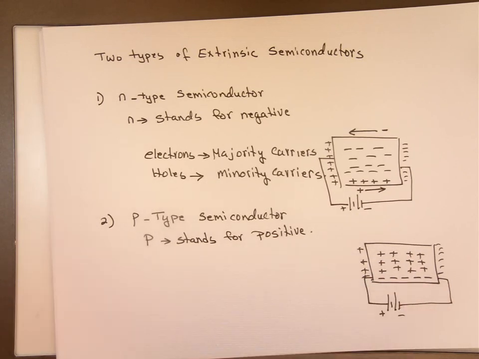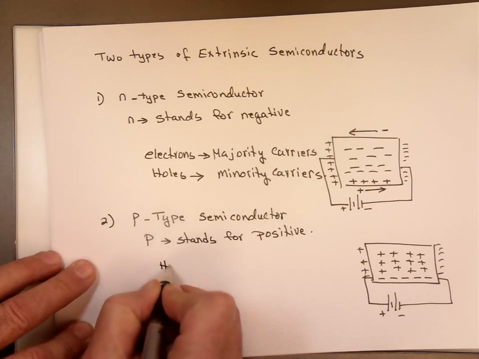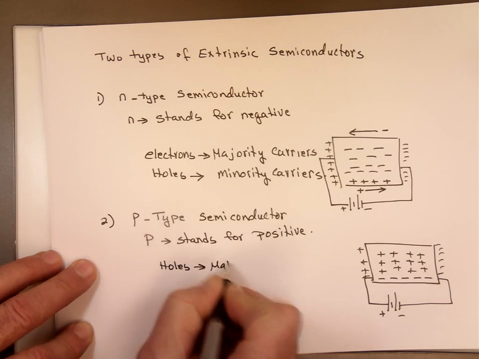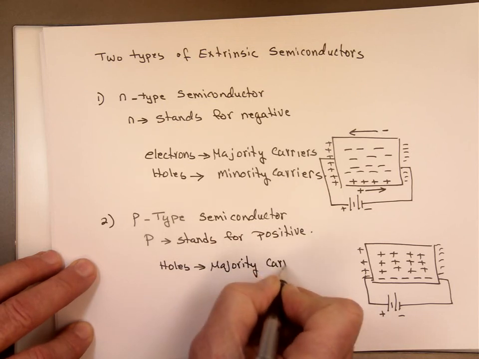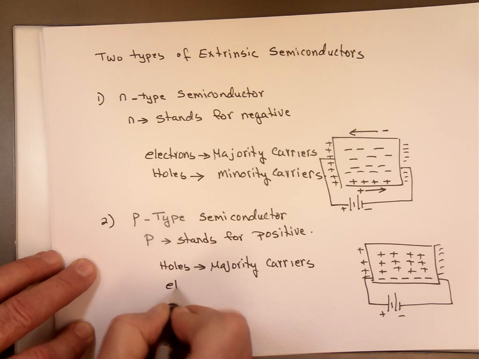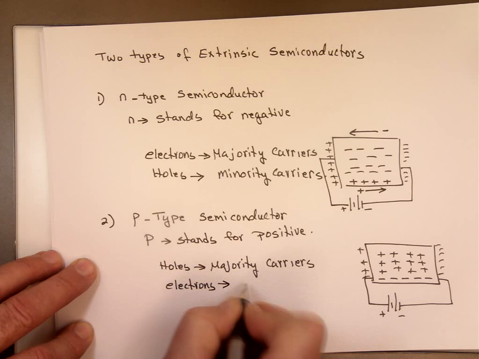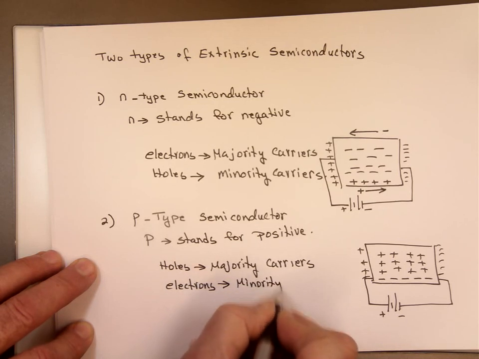So in this case, we call the holes the majority carriers, and we call the electrons the minority carriers.